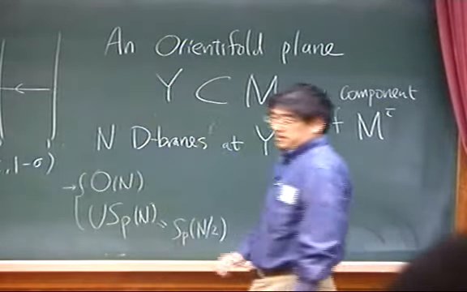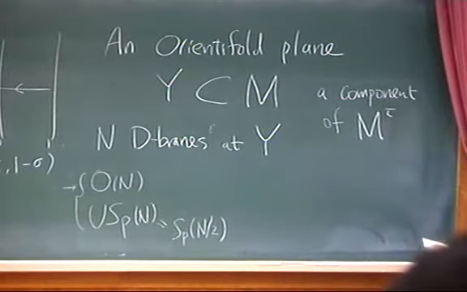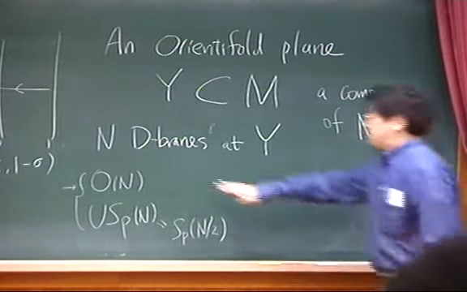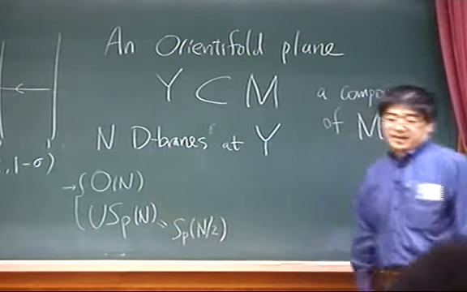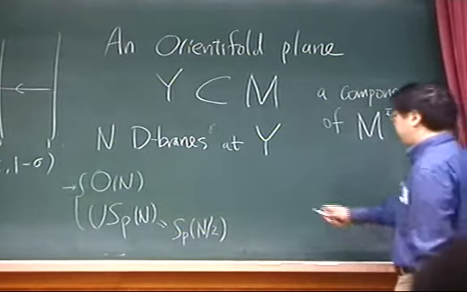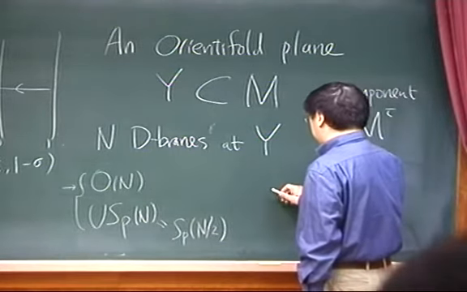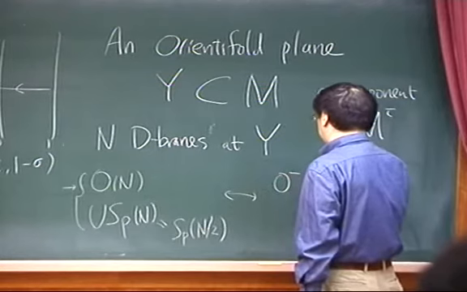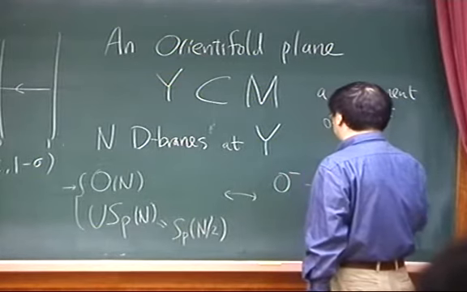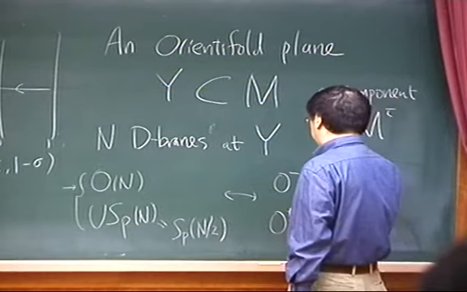So there are two types of orientifold plane. Either O(N) or USp(N), and this is called the type of orientifold plane. So this corresponds to O-minus type. So I'm introducing a type here, and O-plus type.